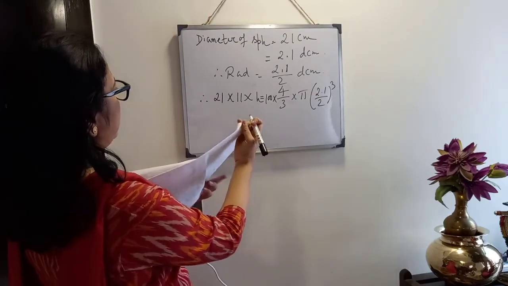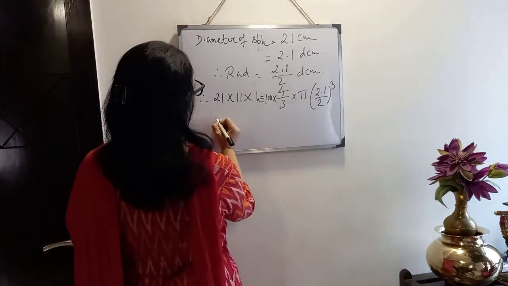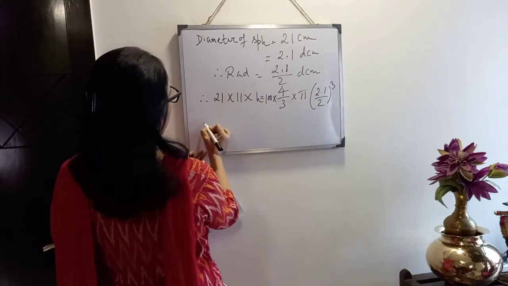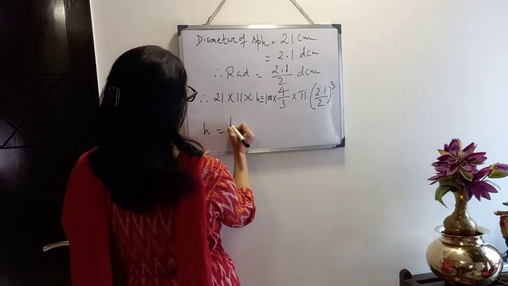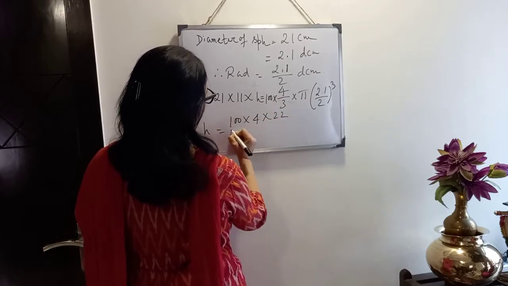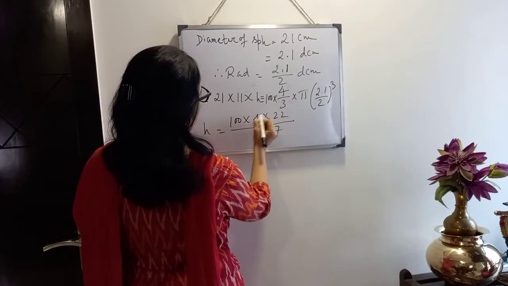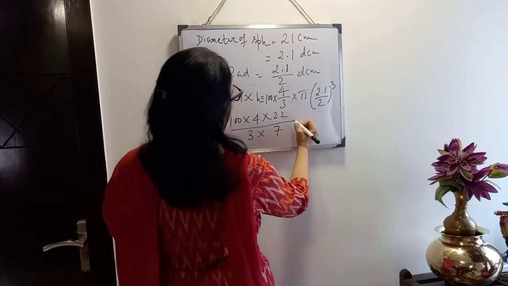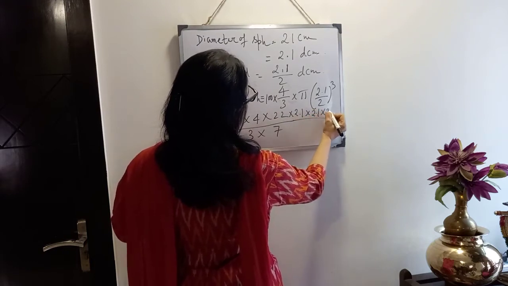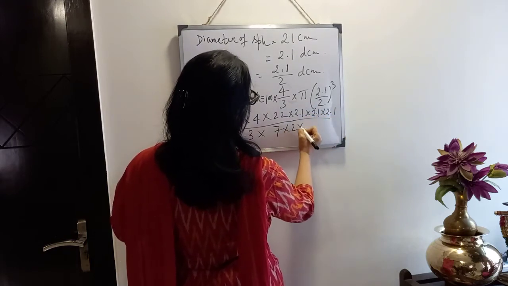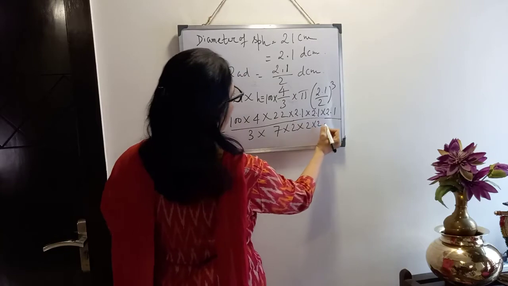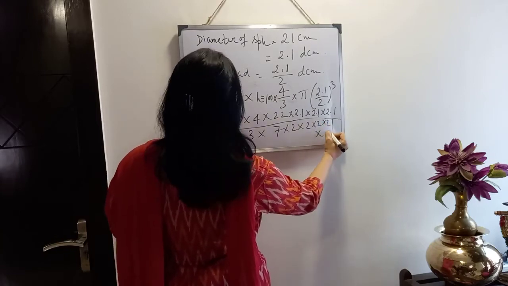And after calculation, 8 equals, pi will not be cancelled out. We have to put the value of pi here. 8 equals 100 into 4 into pi means 22 by 7, and there is 3, and 2.1 into 2.1 into 2.1, denominator 2 into 2 into 2, and from there what we are getting? 21 into 11.